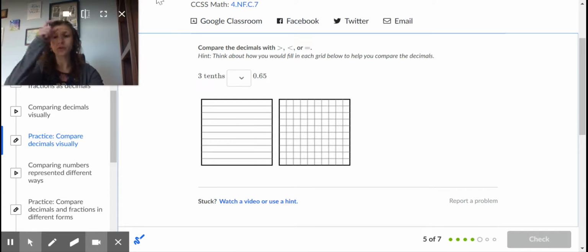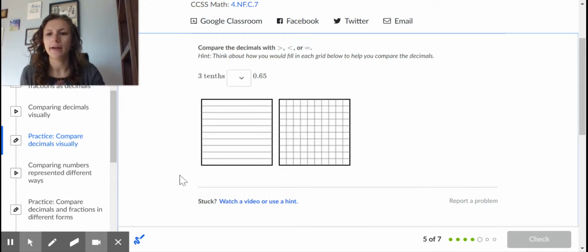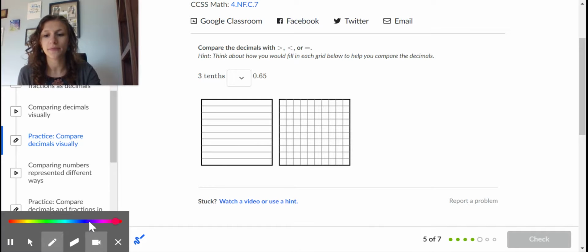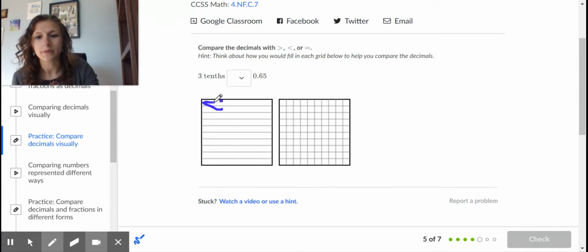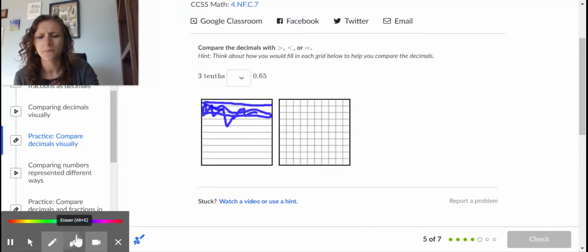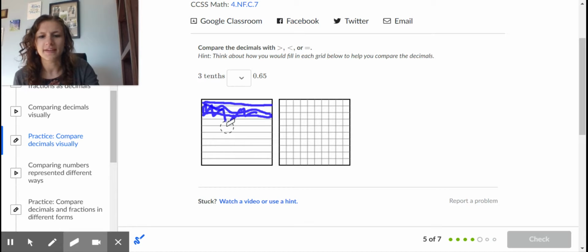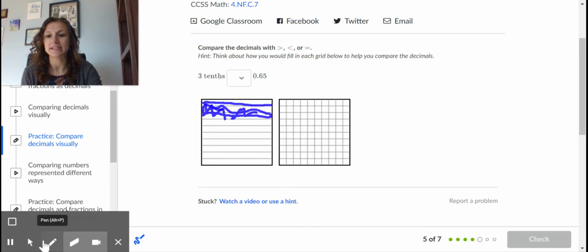All right, great. Here's another one with our decimal grids. Okay, this time I'm doing 3/10 and 65/100. Okay, if I have that 3/10, here's my tenths. There's 1/10, 2/10, and 3/10. Okay, so there's my 3/10. And now let's do my 65/100.